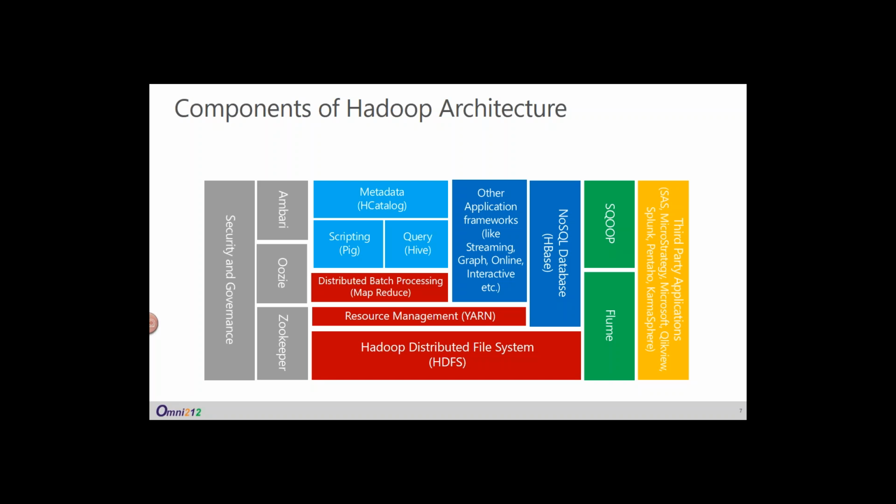Besides that, we also have the BI layer. In the BI layer, most of us would be familiar with Excel. Microsoft provides inbuilt, or rather very close, architecture to interact with Hadoop.